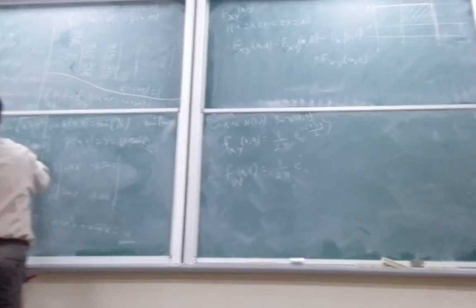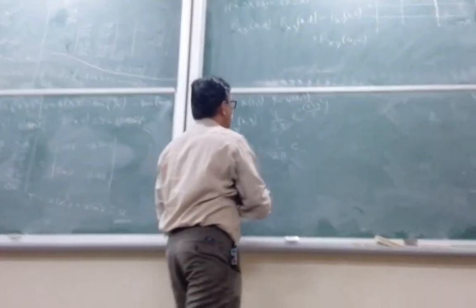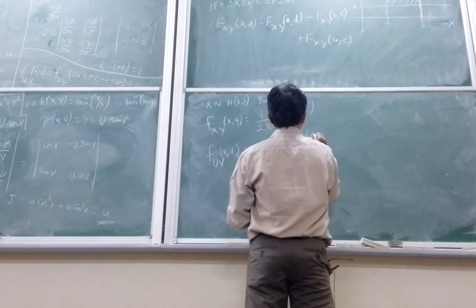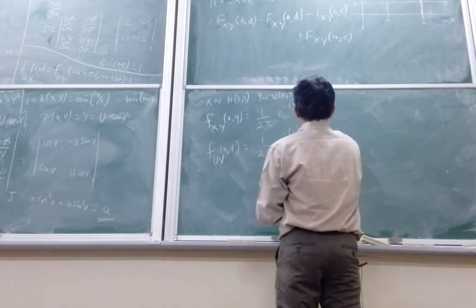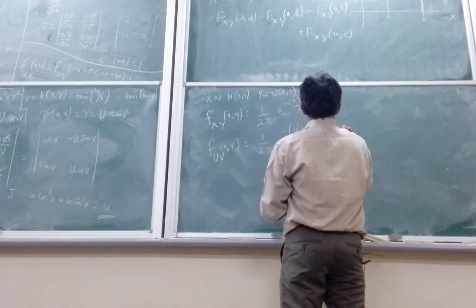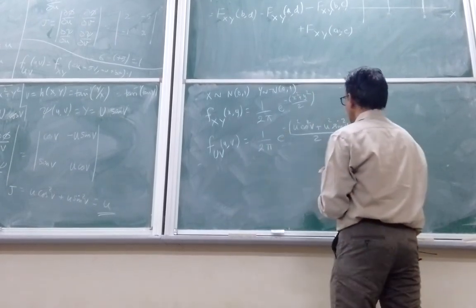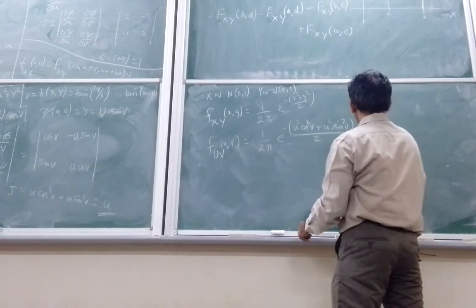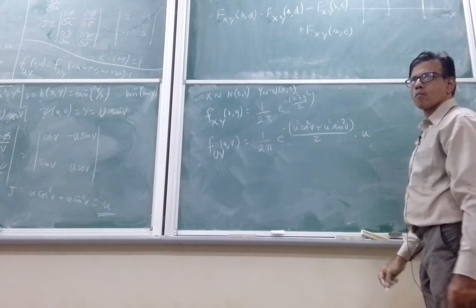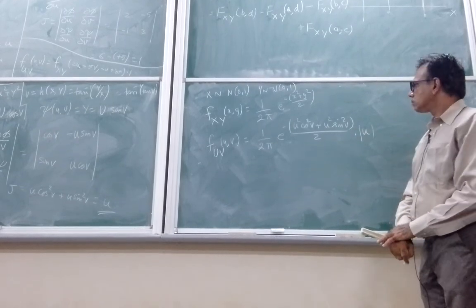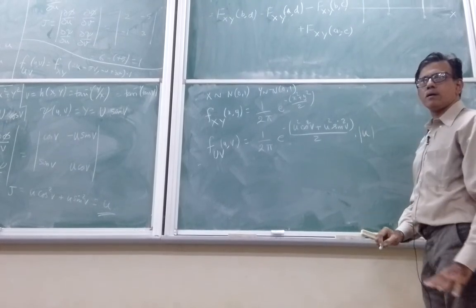X, I have to put u cos v. So u squared cos squared v plus u squared sin squared v by 2, into the Jacobian of transformation u. Right, this is how we will do this one.